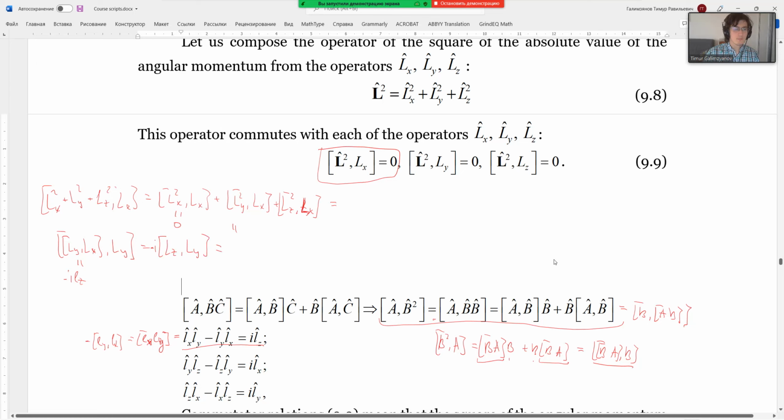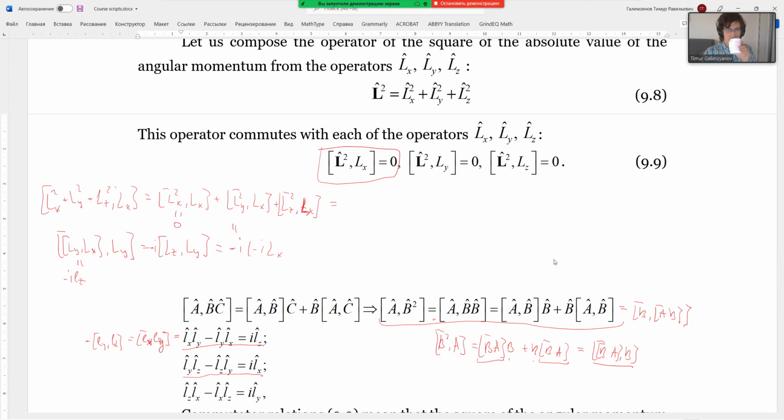Then Lz with Ly is given by minus i Lx, which equals minus Lx. So this commutator equals minus Lx.